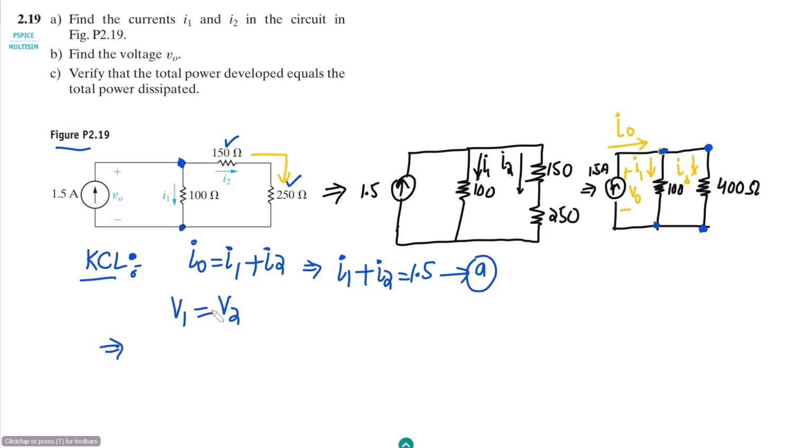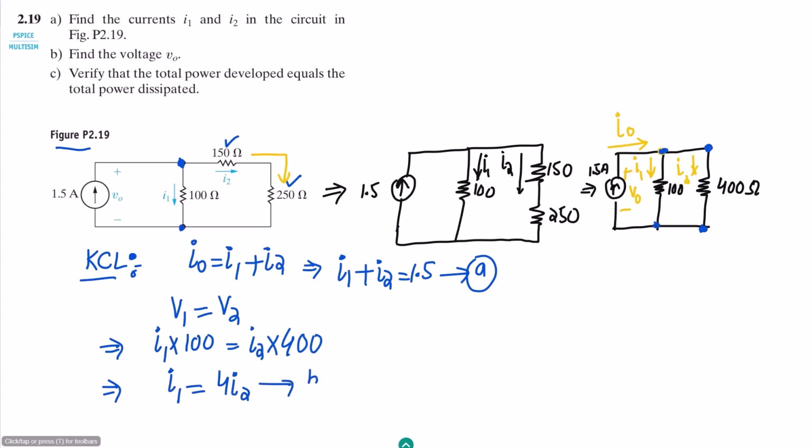The value of V1 will be I1 into 100 ohm, which is this resistor, and V2 is I2 into 400. Simplifying it, we get I1 is equal to 4I2.